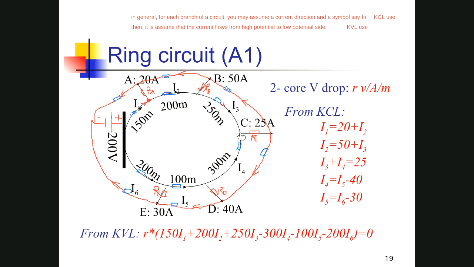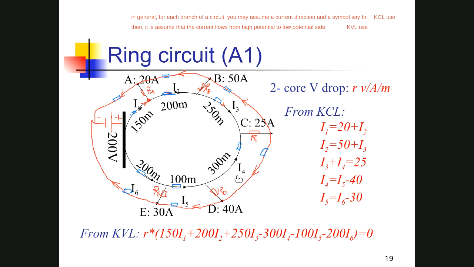Similarly, looking at the point D, that's I5 in, I4 out and 40 out. So I4 equal to I5 minus 40. The same thing.